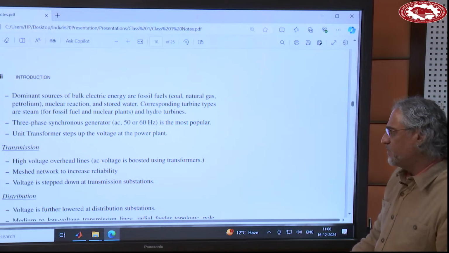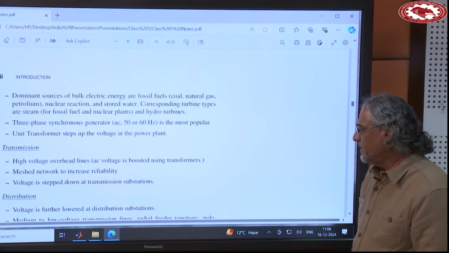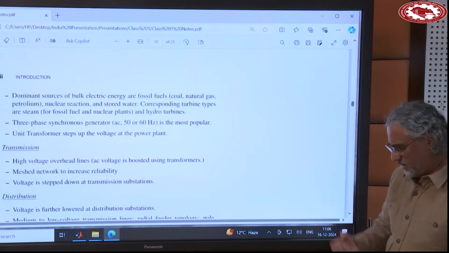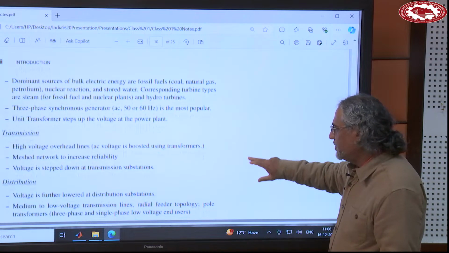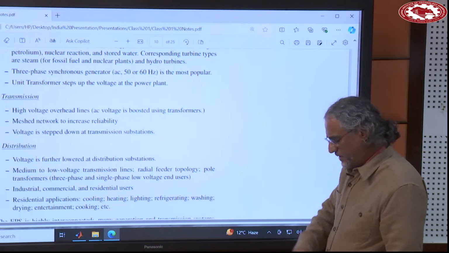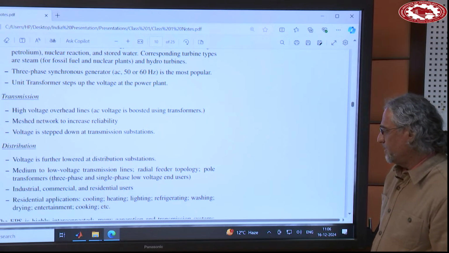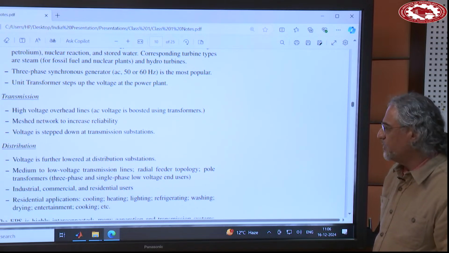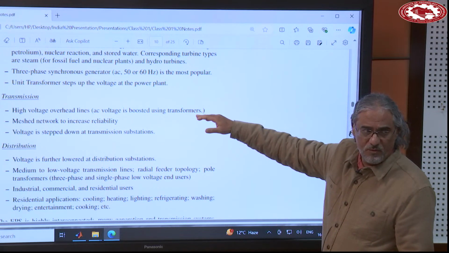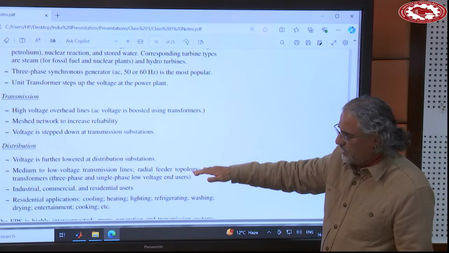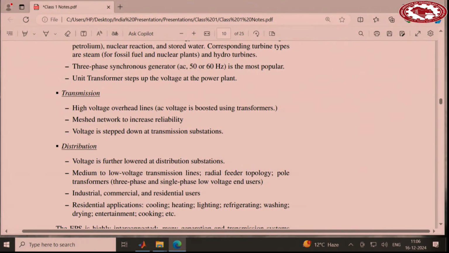And then at the end of the transmission line, or anywhere you want to tap the power, there is a transmission substation that decreases the voltage level, and then you transmit to a further stage, and then you reach a substation which further again decreases the voltage level. So typically we are talking about hundreds of thousands of volts here, and then we're decreasing it to tens of thousands of volts, and finally to a voltage level that you can use.